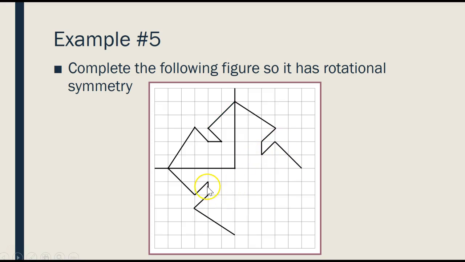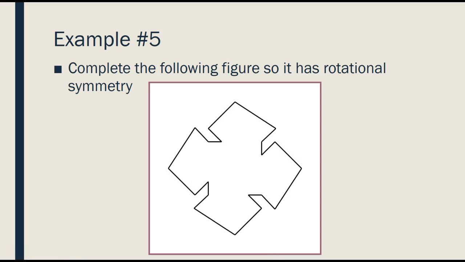So far we have rotated 90 degrees counterclockwise, 90 degrees clockwise. And it would be your choice if you wanted to continue moving clockwise or go back to moving counterclockwise, but with that same philosophy, looking at slope, looking at distance. And this is what our figure would look like so that it has rotational symmetry. Its order would be 4, and its angle of rotation would be 90 degrees.